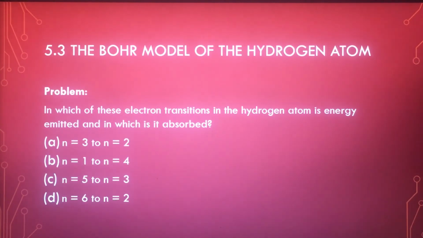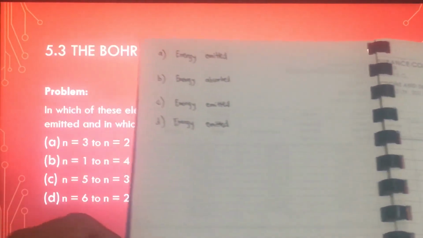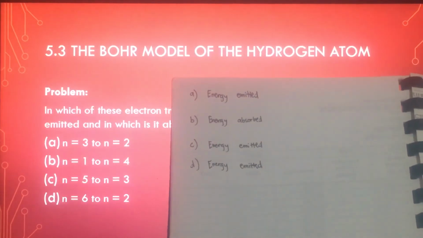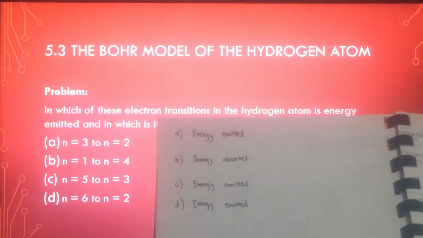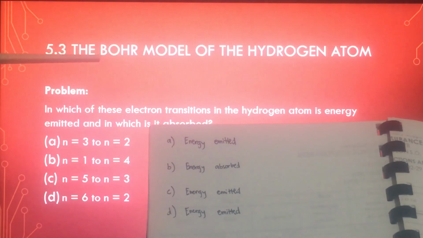Okay, so here is the answer. Let's put this side by side. For letter A, since we have n is equal to 3 going to n is equal to 2, or a higher energy level going to a lower energy level, the energy is emitted.